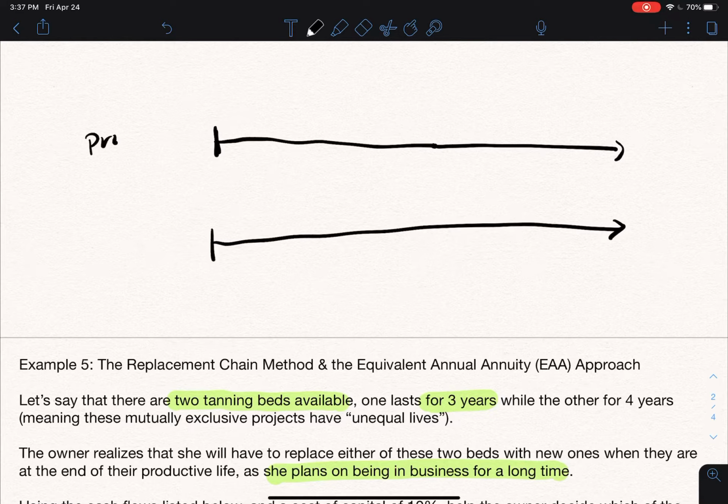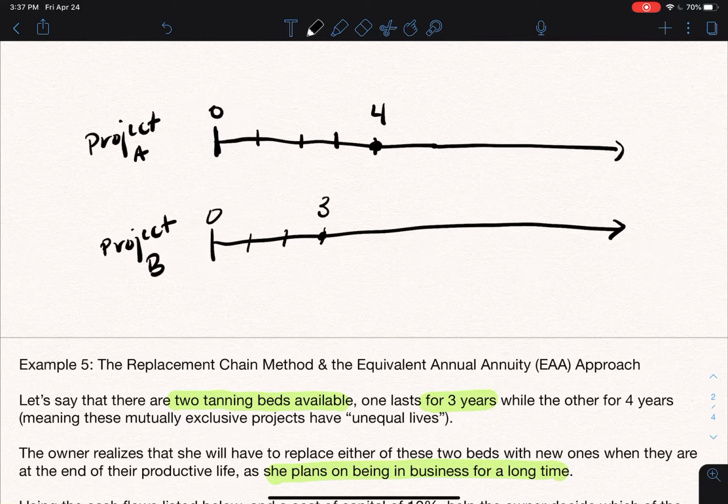So we have project A, project B. In project A, 1, 2, 3, 4, it's going to live to this point in time. Well, project B only lives to here. And so the owner, if they went with project B, would reinvest, and then they would go out 3 more years of life. So 4, 5, 6.